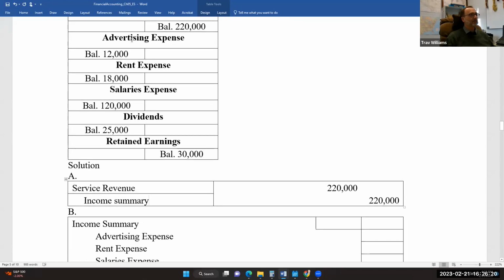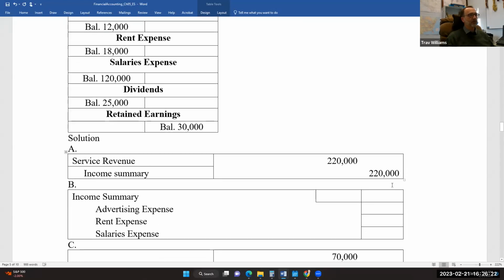So let's look at the expense accounts. Advertising is $12,000. Rent is $18,000 and salaries is $120,000. If we add those up, we get $150,000. So that's the total we debit to income summary.